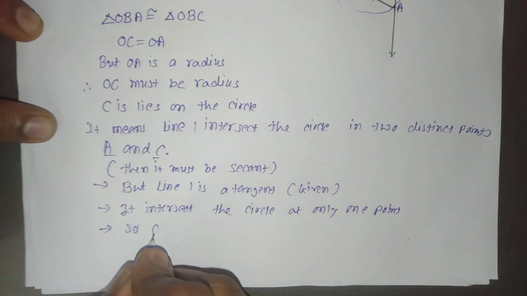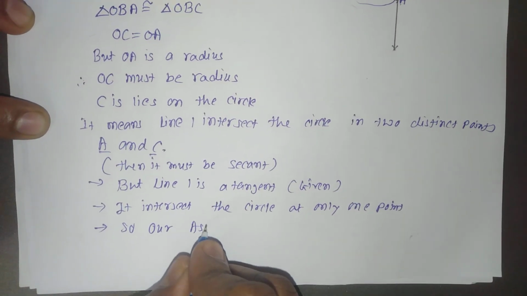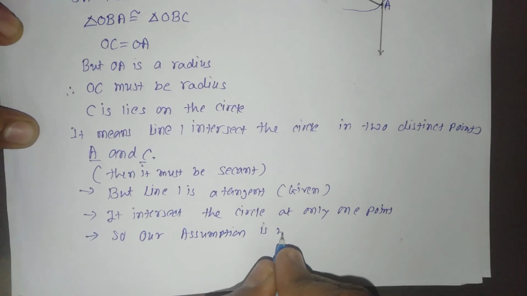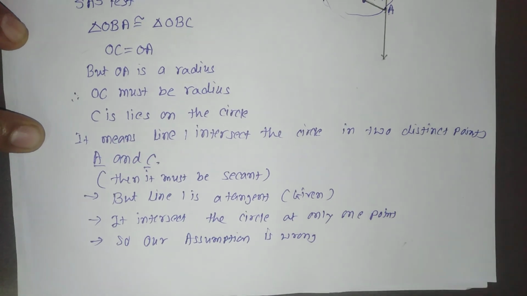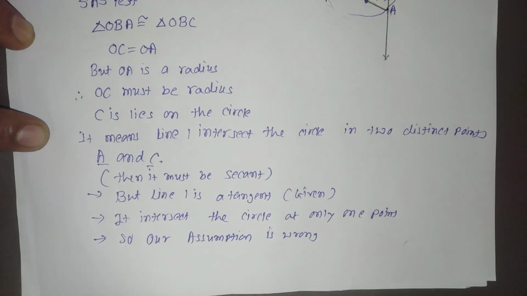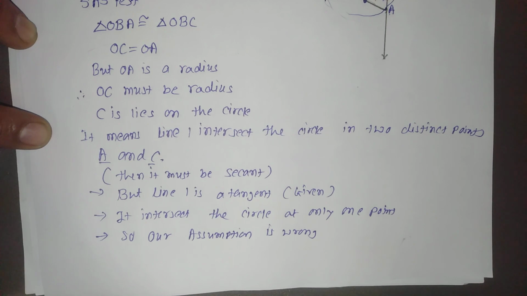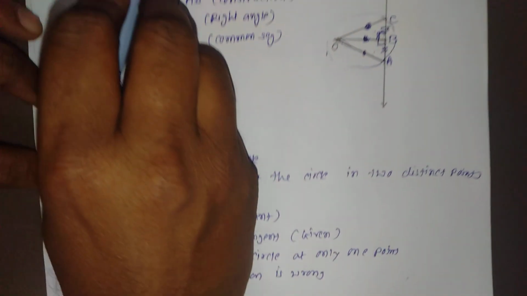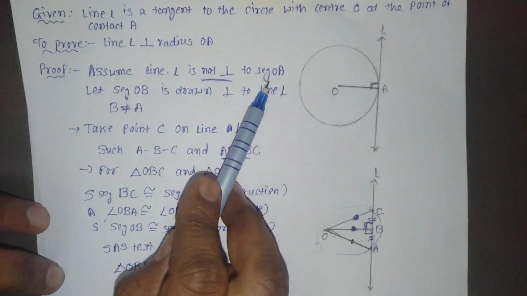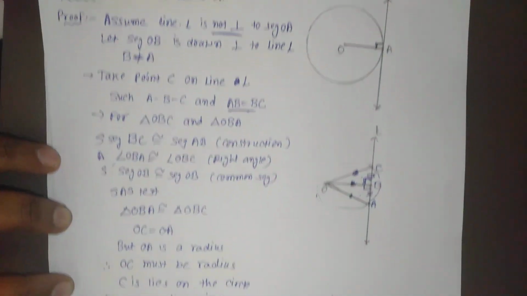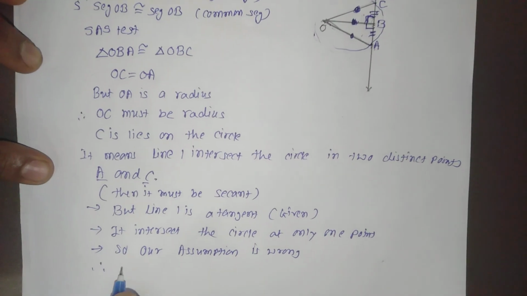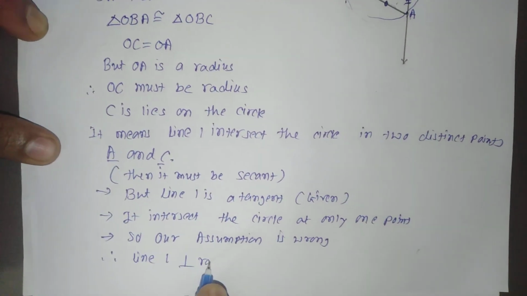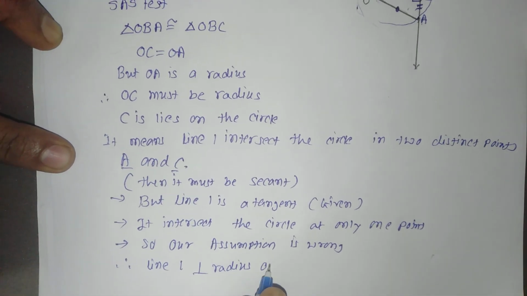What did we assume? We assumed line L is not perpendicular to radius OA, and that is wrong. Since our assumption is wrong, we can say that line L is perpendicular to radius OA.